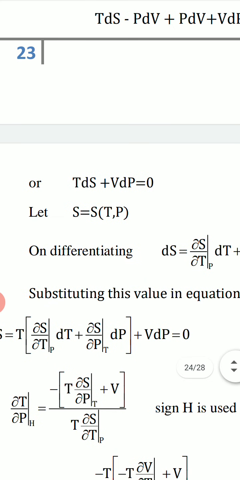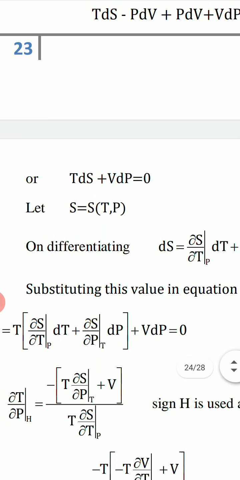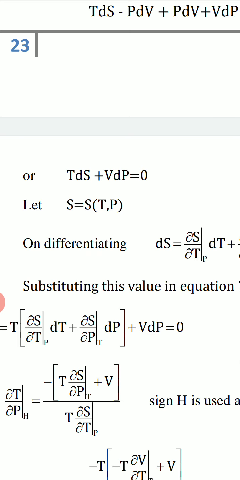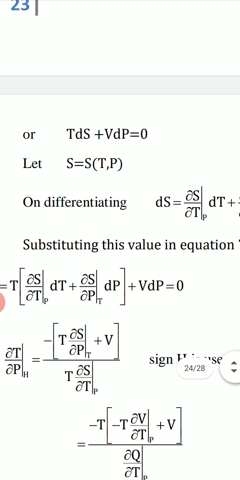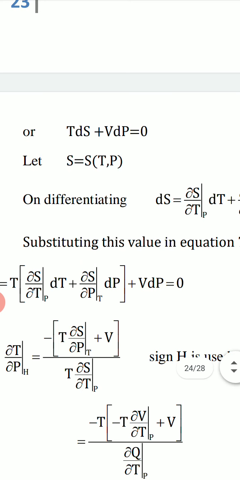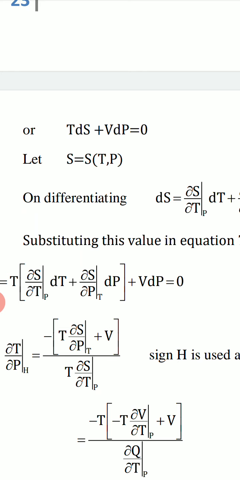So we want to eliminate this term dS. To eliminate dS, we write entropy S as a function of T and P, because we want a relation between delta T and delta P.